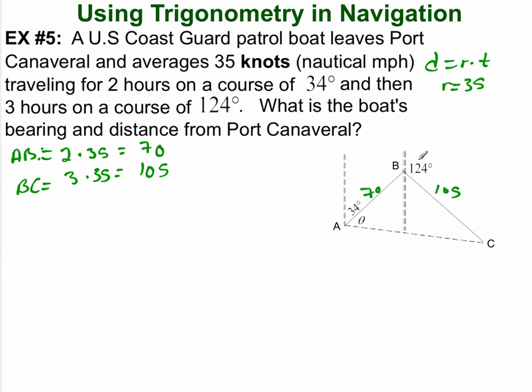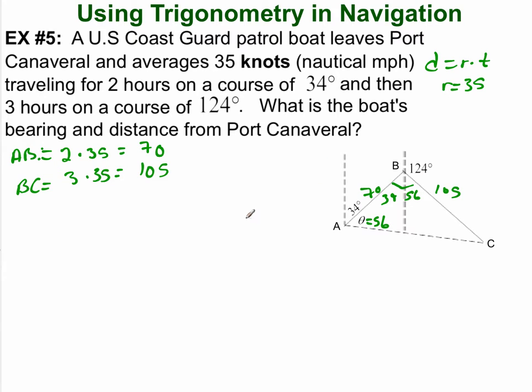Now, if this angle is 34, that makes this angle 56. And then when it turns here, what do we have? We have another right angle. So this is 34, and this is 56.